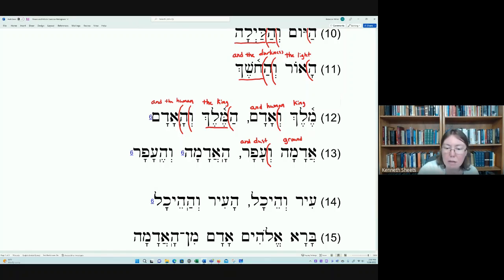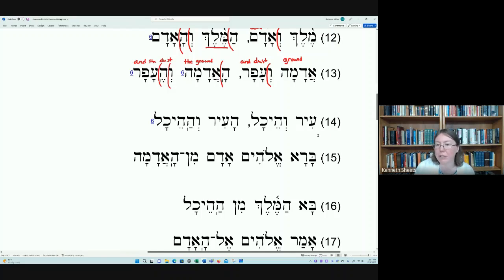But then here we have Ha'adama. You can see the article right there. So the ground with afar. And so here you can see the conjunction. There's the article on afar. So, and the dust.